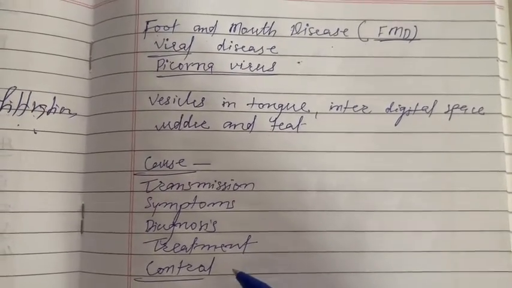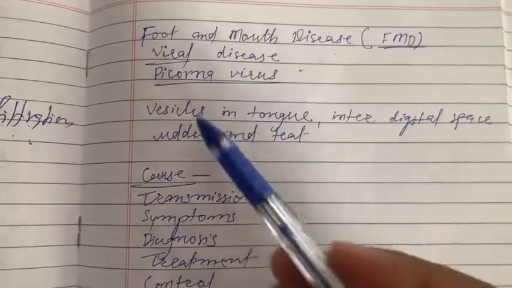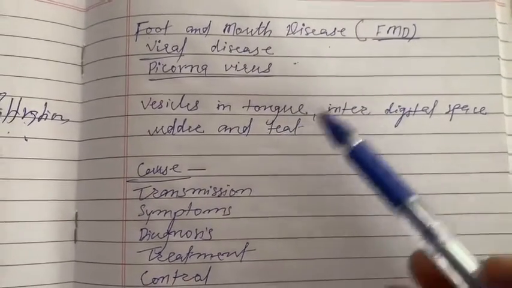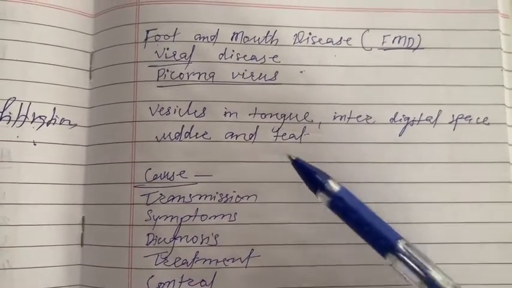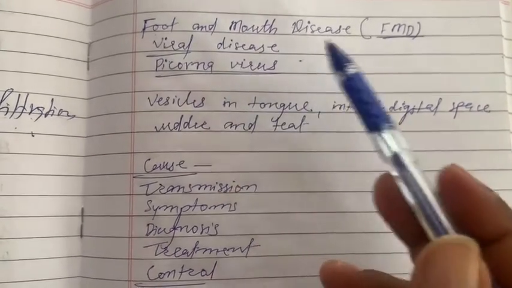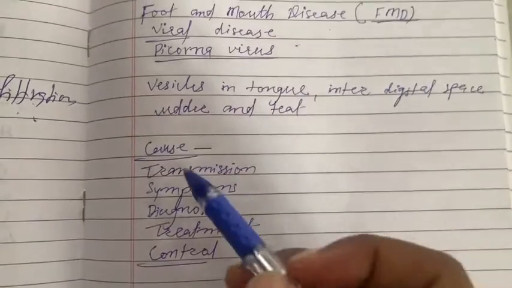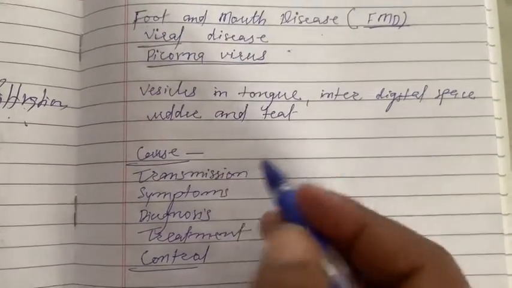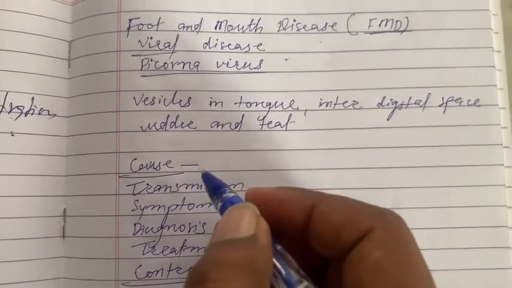We have understood the introductory part of foot and mouth disease, and now let's see it in detail. The first point is the cause. What is the causal organism for this disease?